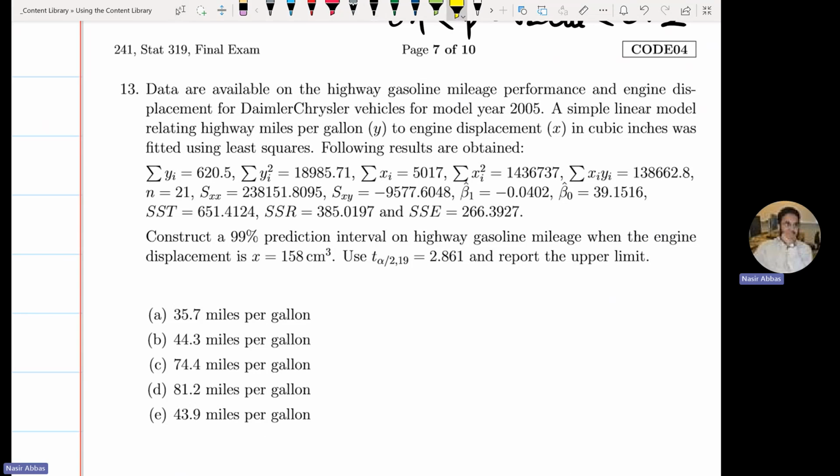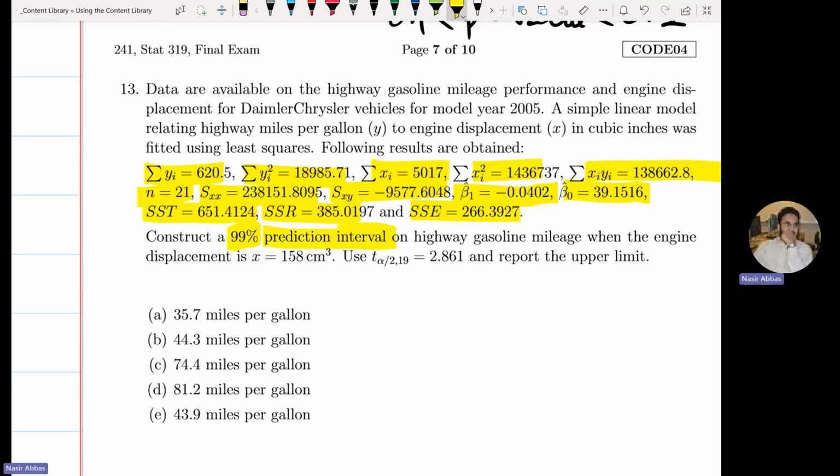They gave you the sums, 5 sums. They gave you the sample size 21, SXX, SXY, beta 1 hat, beta naught hat, SST. SST, remember, is SYY. They gave you SSR, they gave you SSE. Almost everything is given. What is required?